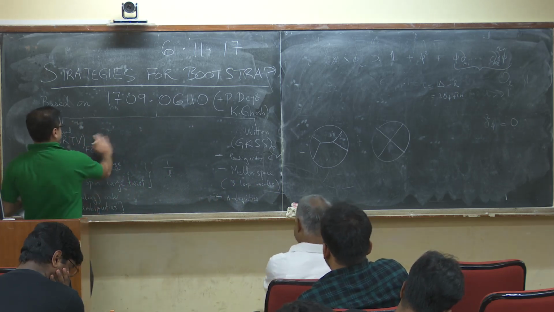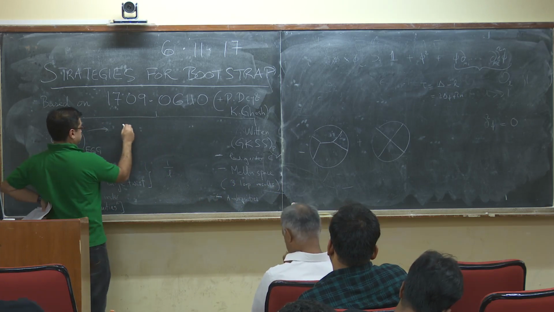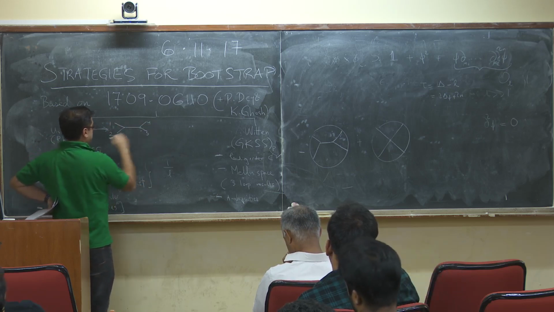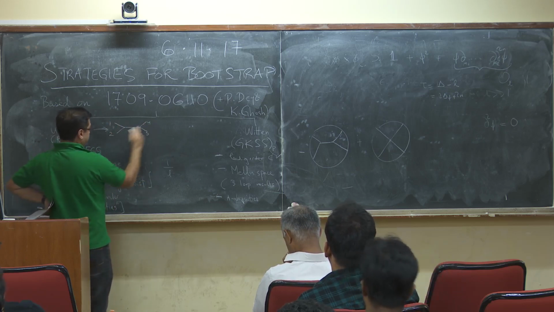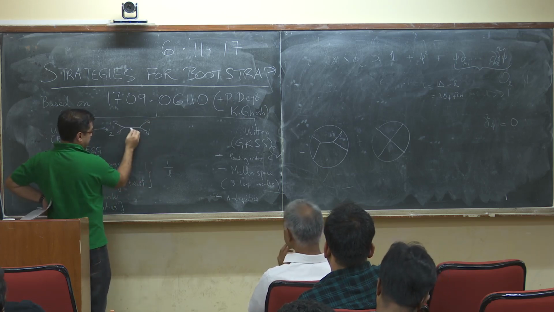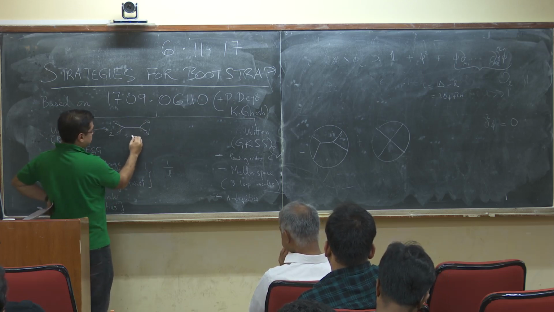If you want to have a picture in mind, this approach is just the equality of the S channel OPE. So here you have 2 operators at positions 1 and 2, and 3 and 4. You take these 2 operators close together, these 2 operators close together, and you sum over all possible exchanges. So this is typically what is called the S channel.